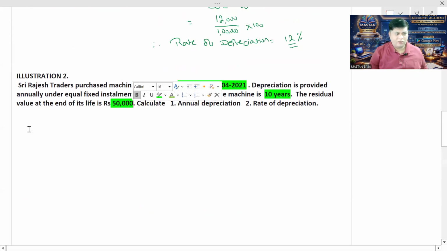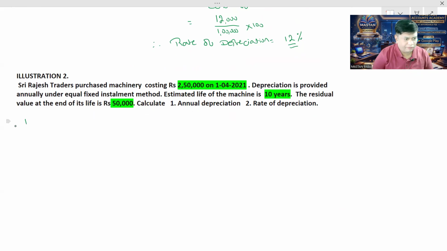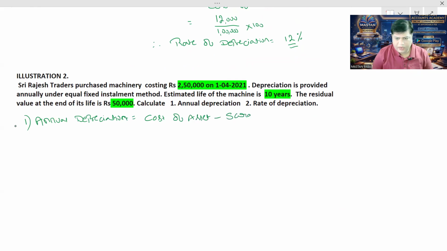So as usual, we'll do the answer now. First, we'll do the annual depreciation amount. Annual depreciation amount is equal to cost of asset minus scrap value, same formula repeated, divided by lifetime of the asset, or you can say useful time.